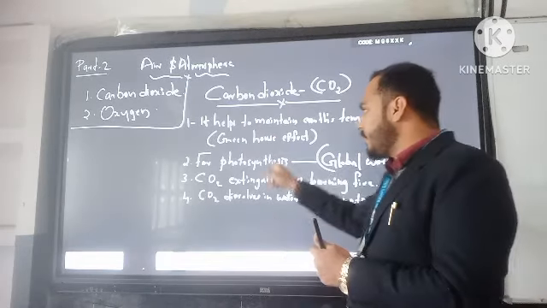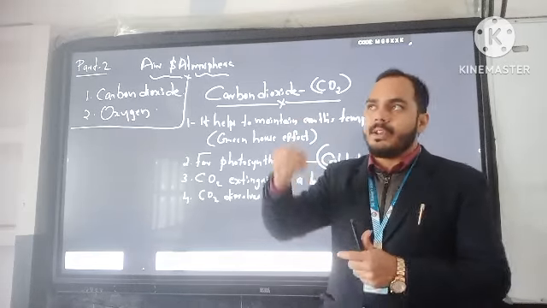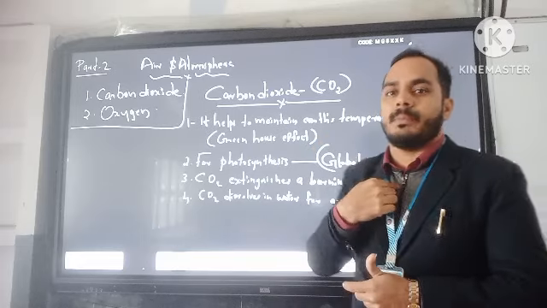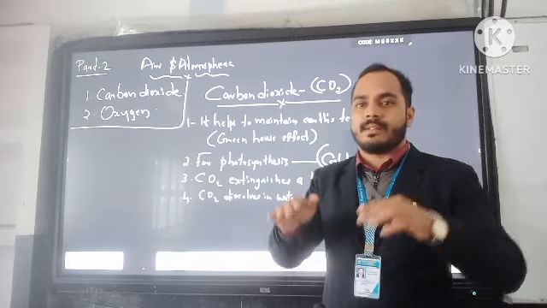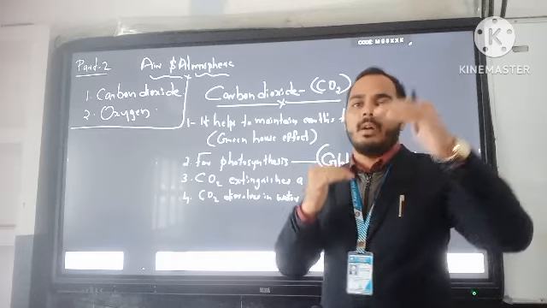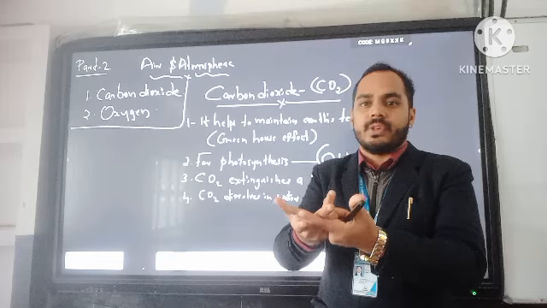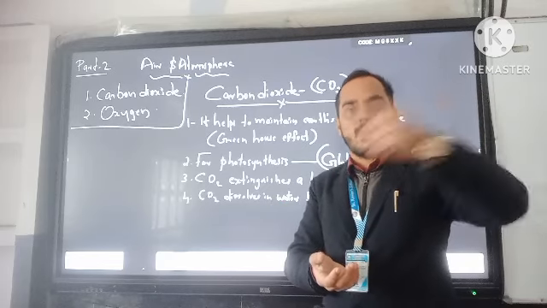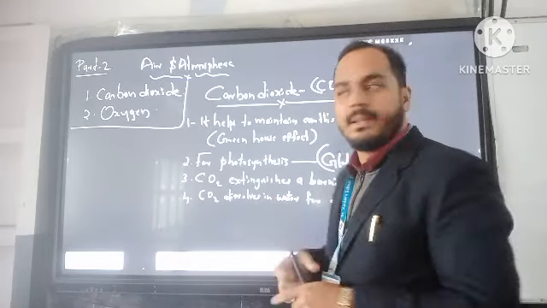The oxygen produced is helpful for human beings and all living organisms. So here is also a mutual understanding between plants and animals. We give carbon dioxide, and the plants give oxygen.